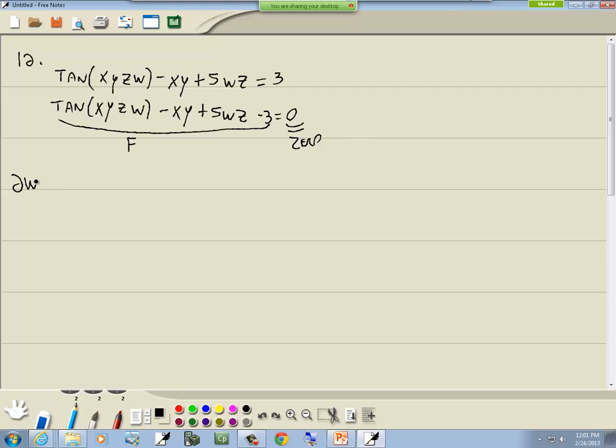So the partial of w with respect to our first variable, x, is going to equal negative partial of f with respect to x over the partial of f with respect to w. Well, the tangent here has an x in it, so the derivative of tangent is secant squared.